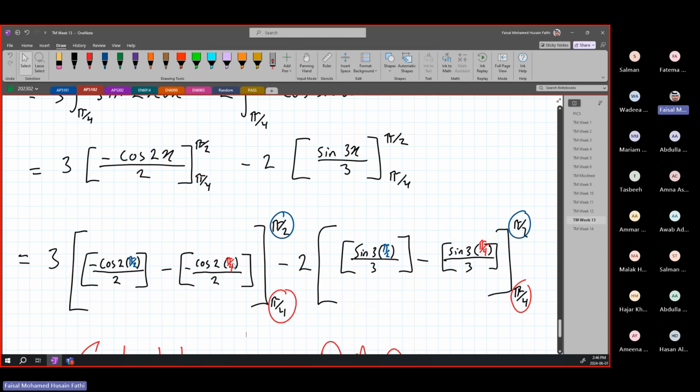You have pi over 2 and pi over 4. Again, same thing here. You're going to keep the constant outside of the big bracket, and inside you'll have two smaller brackets. You're going to be doing sine 3 of x twice, but you're going to keep the x open, and you will put pi over 2, the upper limit, first, and the lower limit for a second.